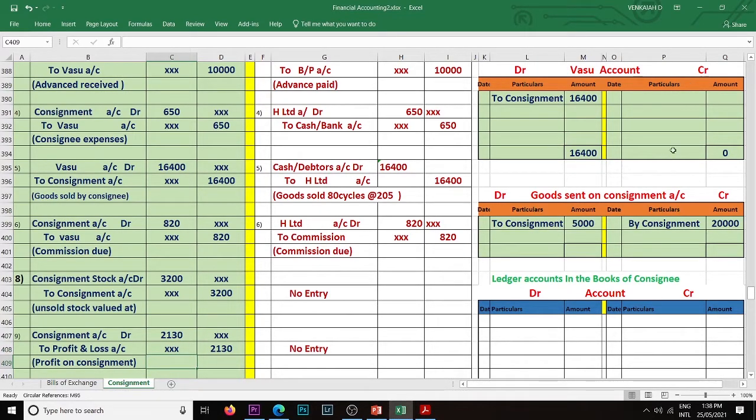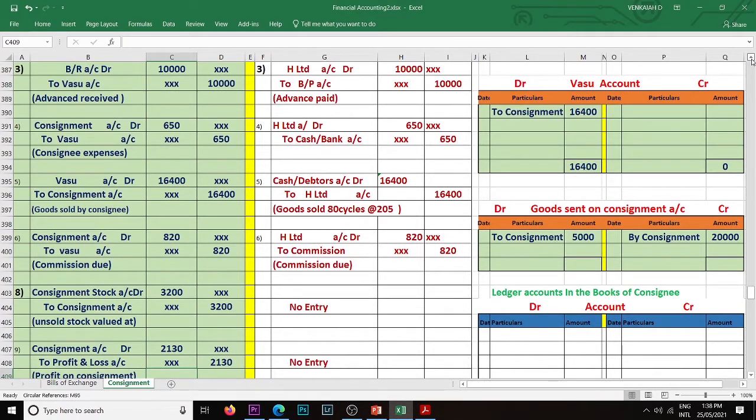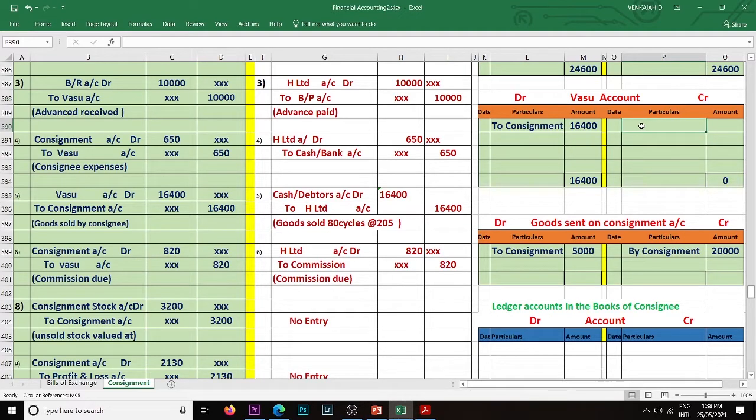Right. Now we will close the Vasu account. In the Vasu account, we forgot to enter by its payable 10,000, by consignment. Amount 650, consignee expenses by consignment, 820 commission.